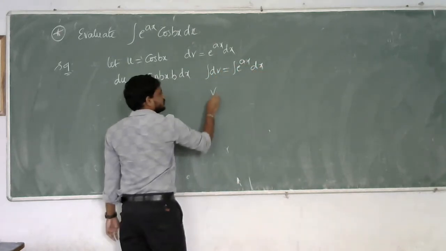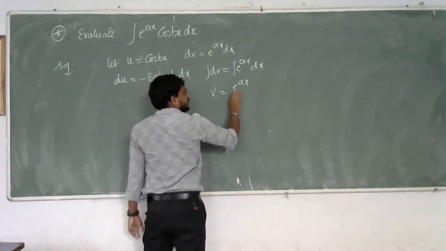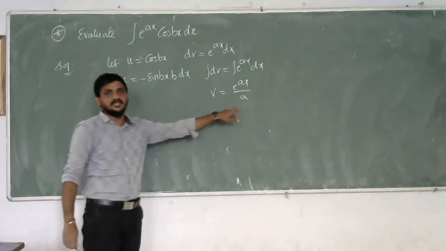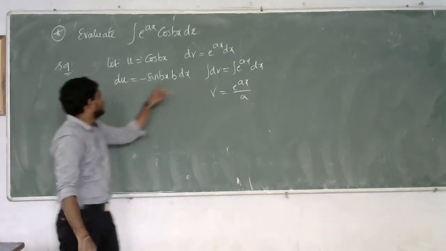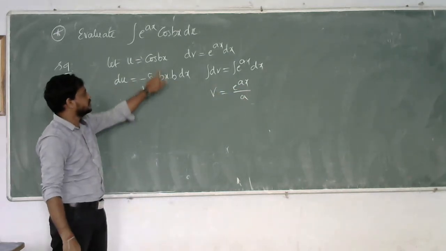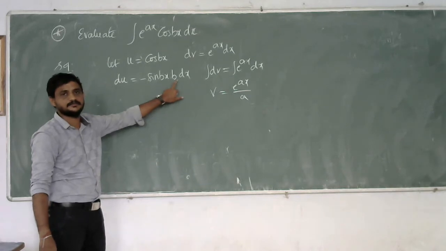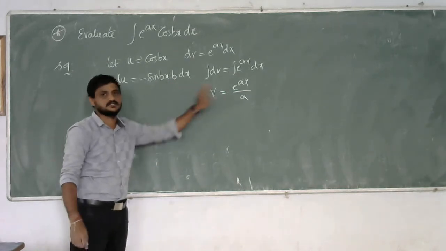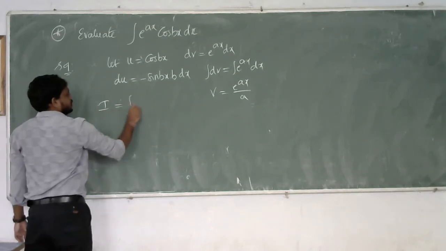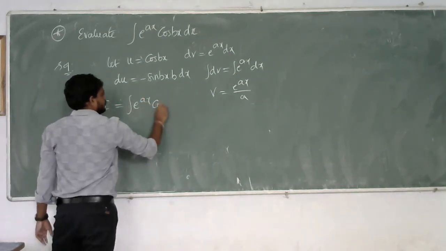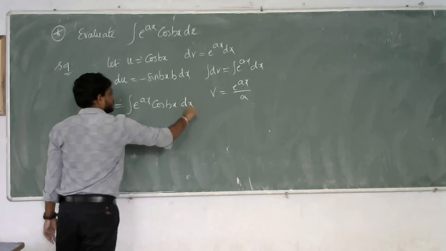That is v equals integration of e power of ax, which is e power of ax by a. In the integration, we have to write this exponent in the denominator. In the differentiation, we have to write the exponent as a product. Okay, remember the difference.